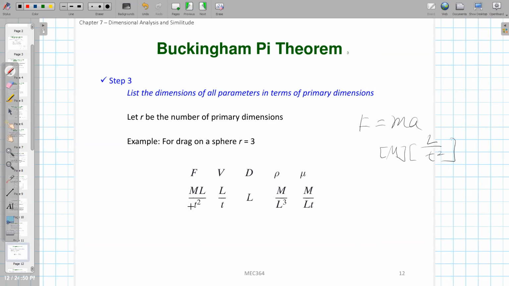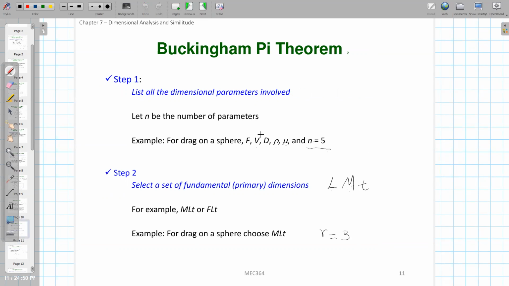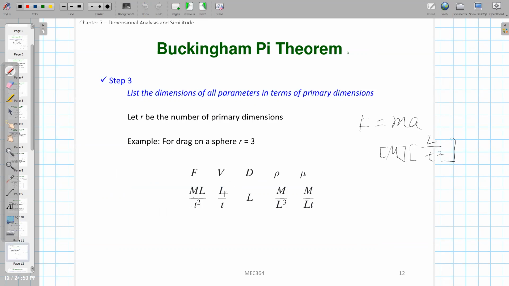So write it here. For the velocity, the second parameter, we know that velocity is just length over time, right? So their dimension is L over T. And the diameter is simply just length. Density is mass per volume, right? So M over L to the power of 3. And mu is viscosity.